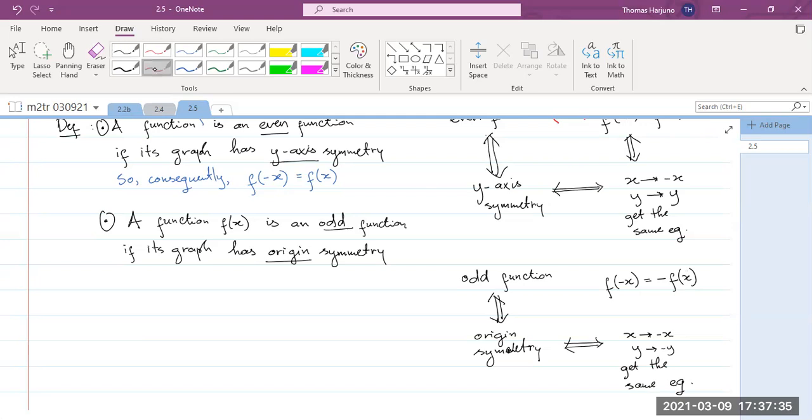So that's how we check if a function is an odd function. So consequently, to check if a function is an odd function, has origin symmetry, we replace x in f(x) by negative x and show it simplifies to the negative of f(x).